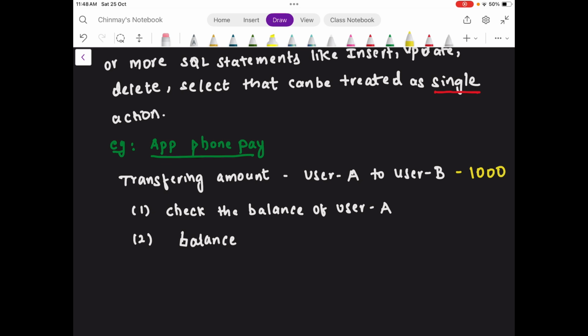If the balance is greater than 1000, it proceeds to the further steps. If not, it returns insufficient balance.